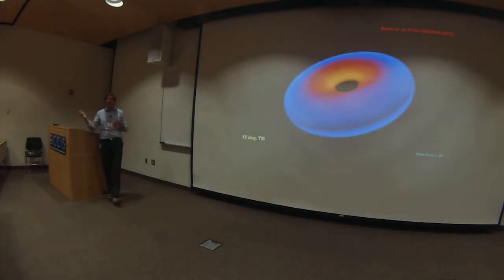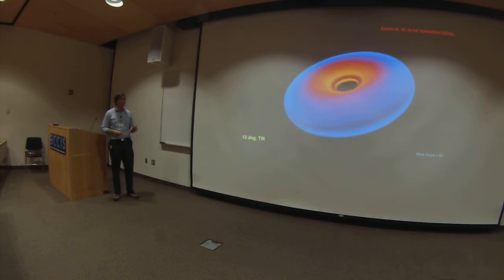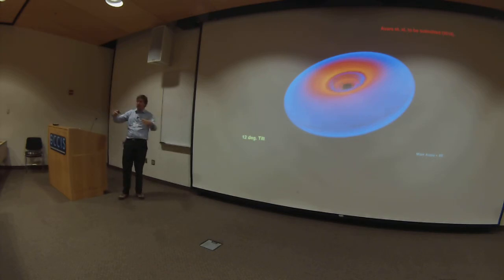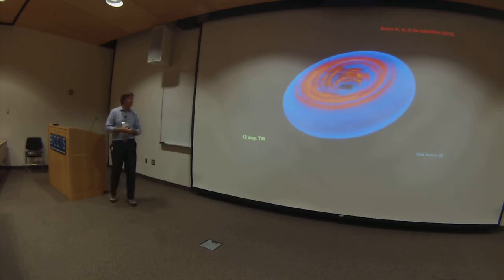You can also dynamically alter grids. Not only can you move little local high-resolution spots around, but you can also shrink grids. So here, this was a circumbinary disk simulation that Mark Navarro did, where he excised the region where the black holes are to accelerate the simulation by using a larger step size.